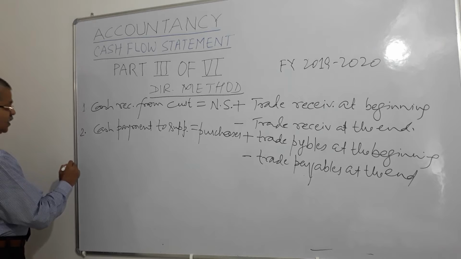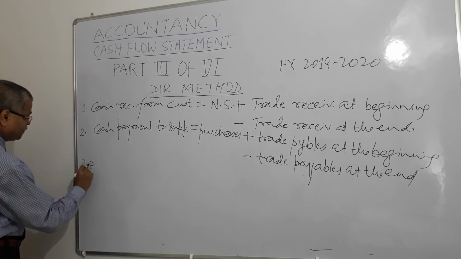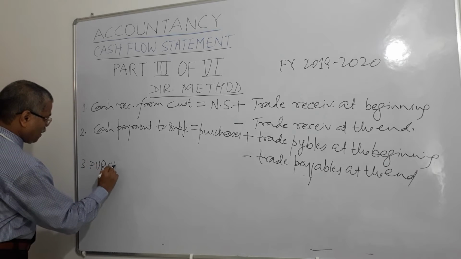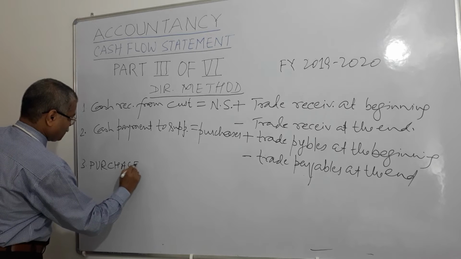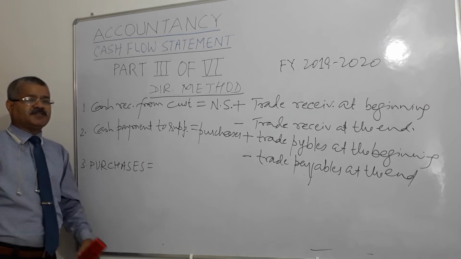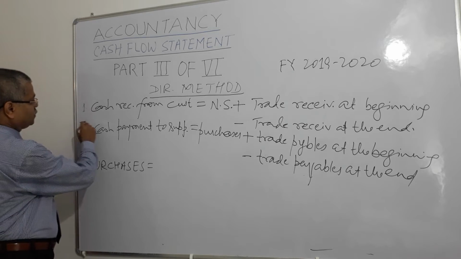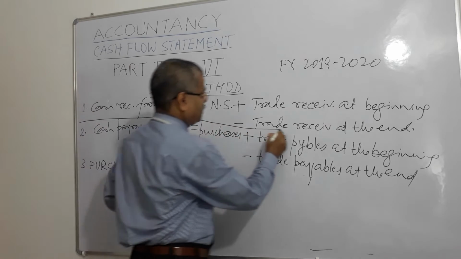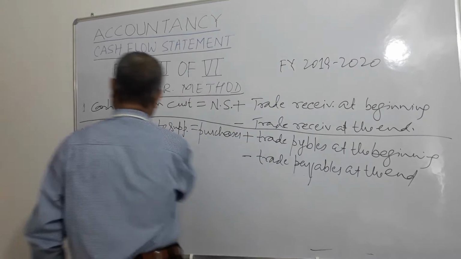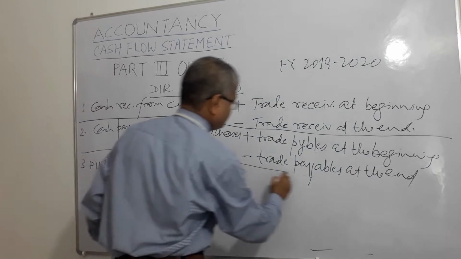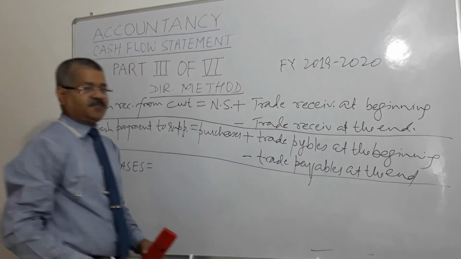Now the third item: purchases. How do we get purchases? We have already discussed two, and now we are discussing the third one, purchases.